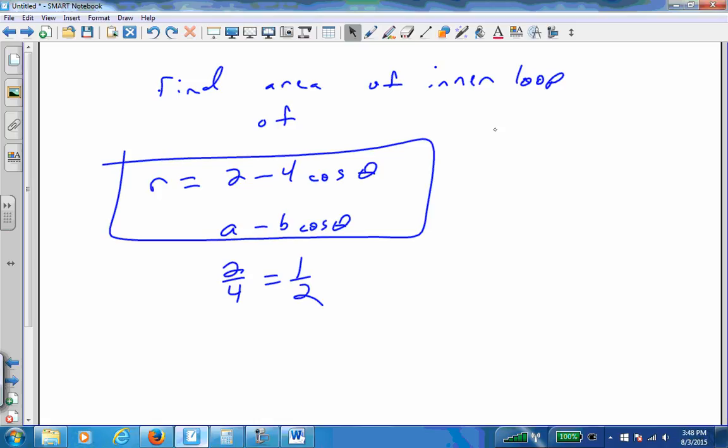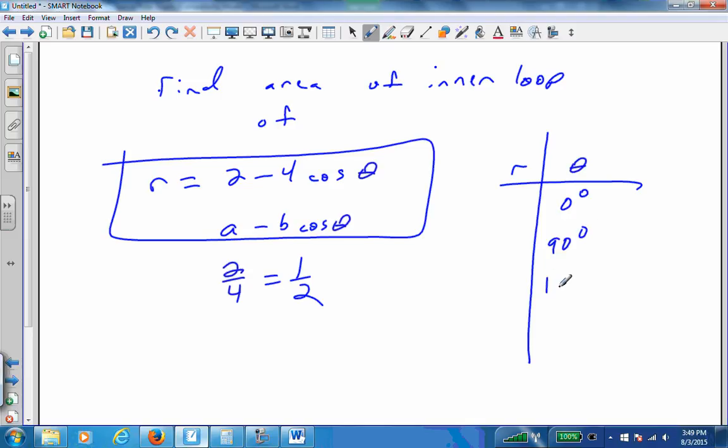To graph that, let's make a table. Let's put our quadrantal angles in to begin with, and then we'll look for some more information if we need to.